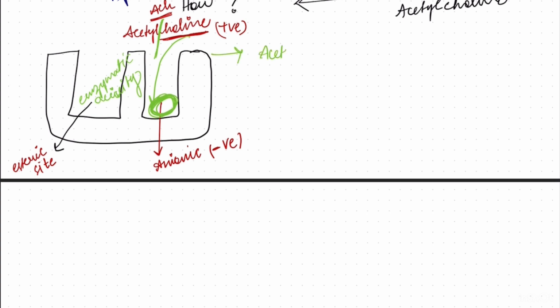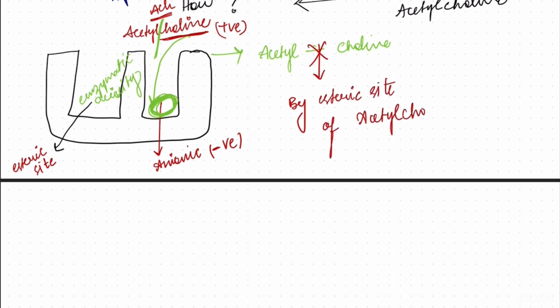So acetylcholine is separated by the esteric site of acetylcholine esterase.